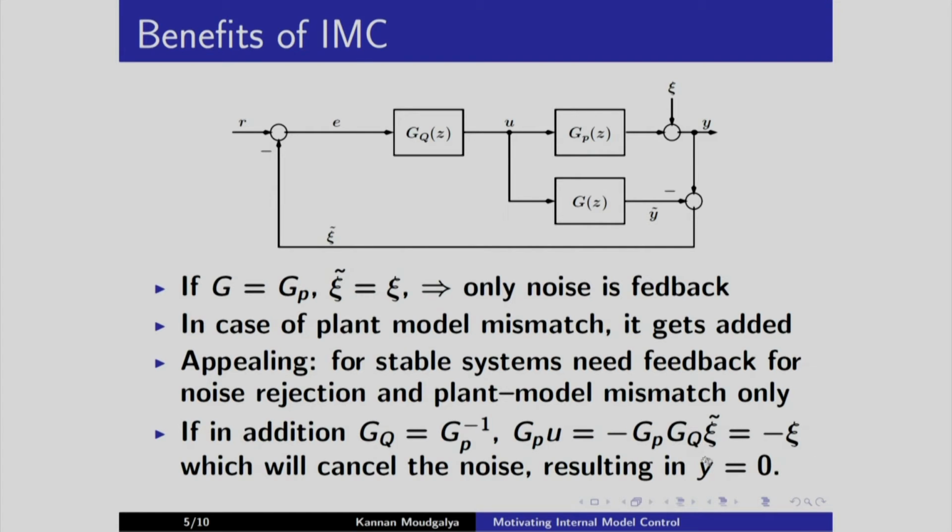We already have C tilde equals C as given here. So we have shown that if GP equals G, then we already have C tilde equals C. In addition, if GQ is GP inverse, we get Y equal to 0.